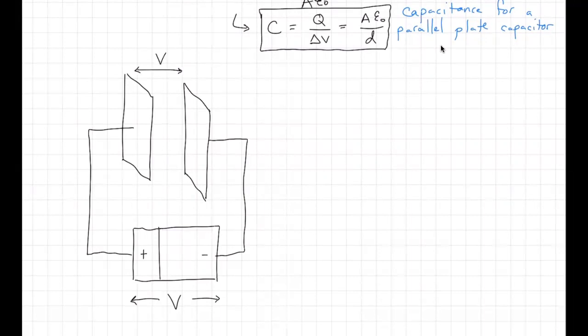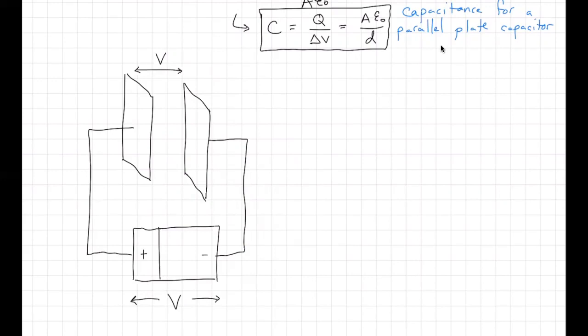Also, because it's a battery and the battery has a constant voltage, the potential difference between the plates does not change. That's something to remember here. So what happens when we plug this system into the battery? Well, charge will start to flow onto each of the plates.